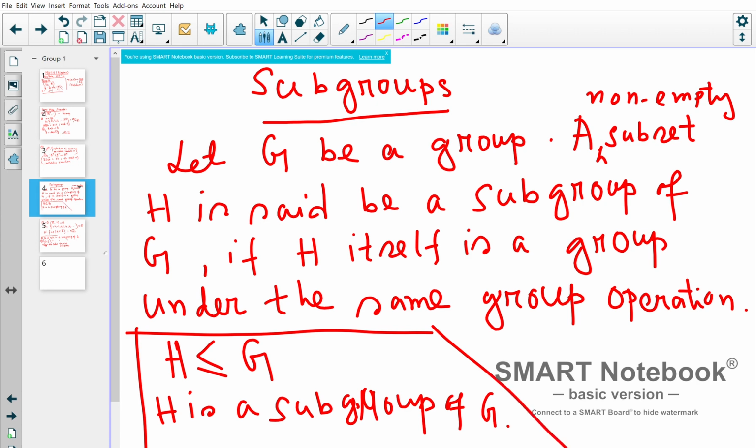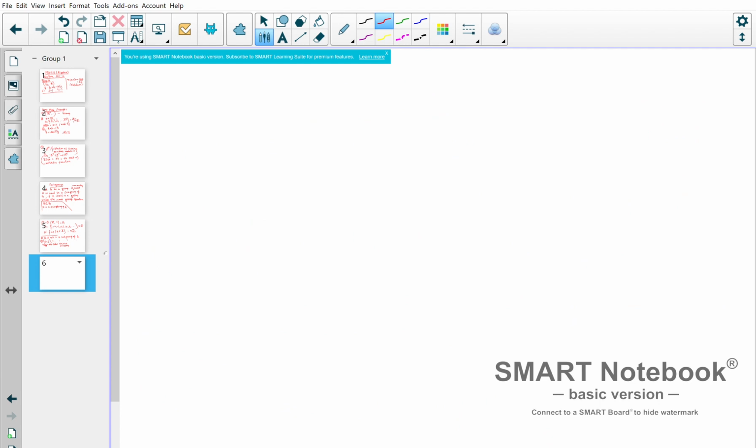Now the question is: do you have any easy way to find, or some classification or properties which immediately tell that this is a subgroup? The answer is yes, we have such things, and then we will check that this is a subgroup. Let us discuss some more properties.